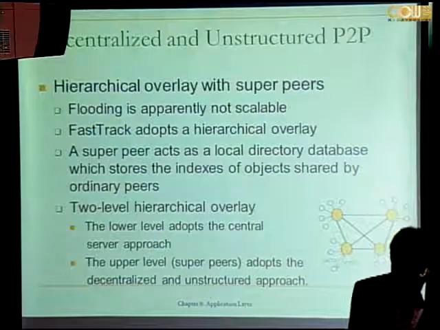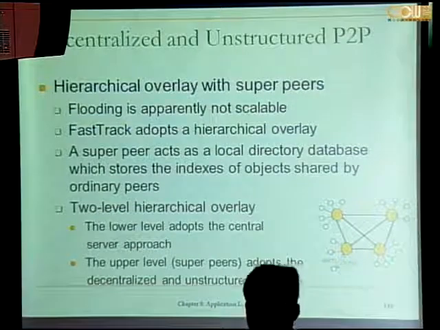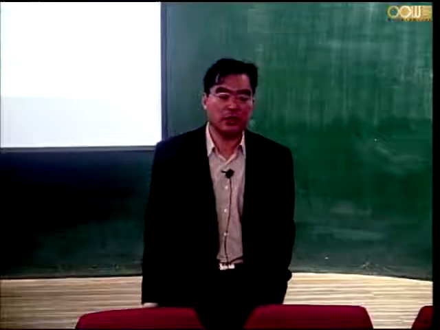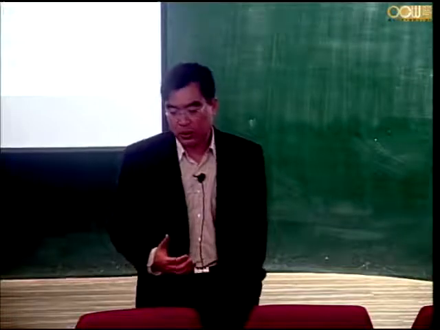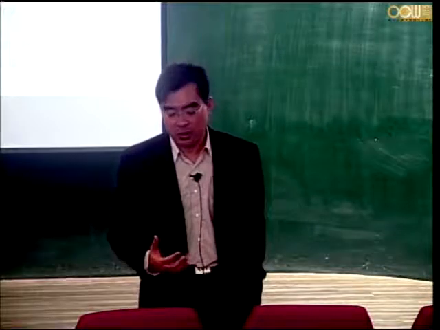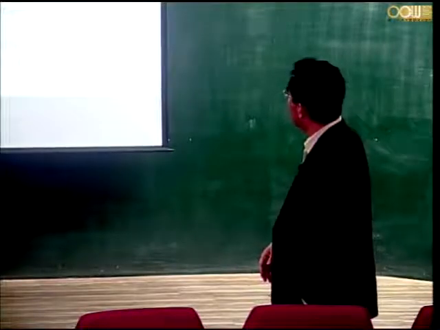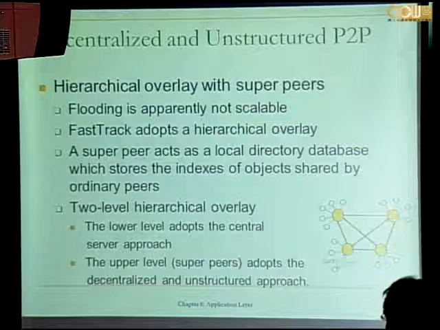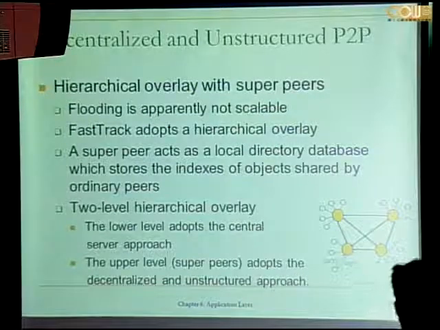By this, it is much more scalable. Between super peers, they are decentralized and unstructured, and they know each other by limited scope flooding. And within the region, it's centralized.